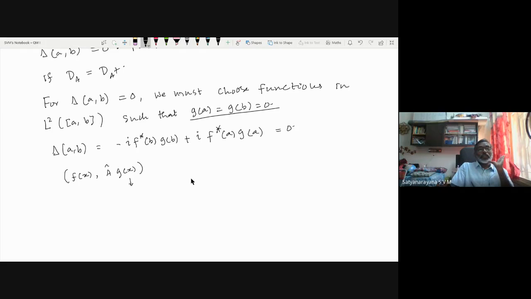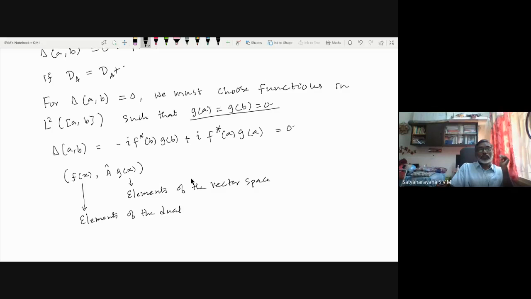So these are like elements of the vector space. And what are these? These are basically elements of the dual space.